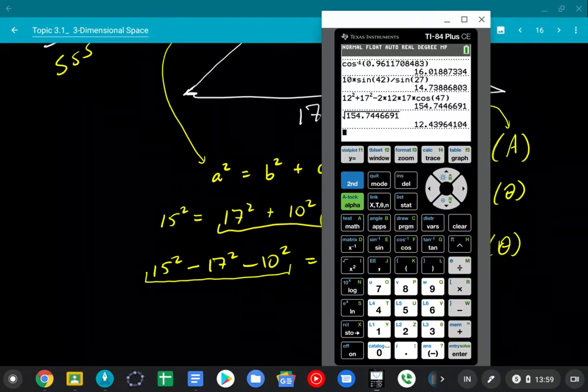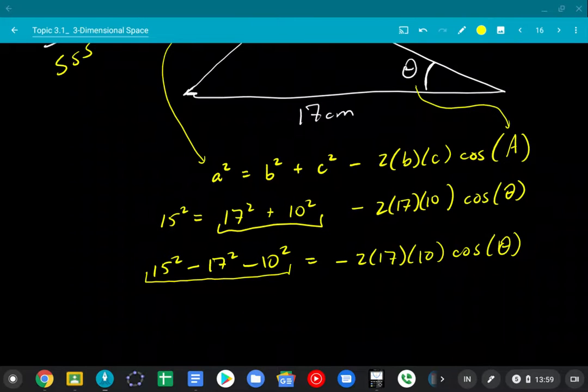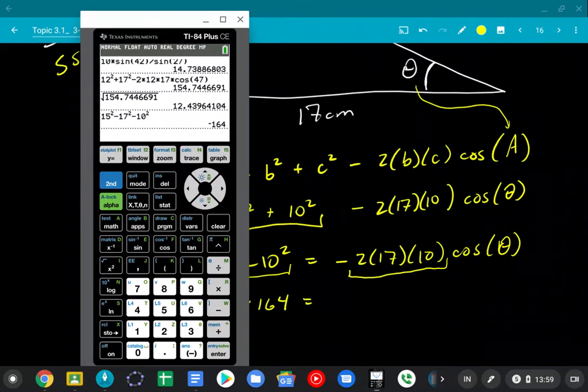Let's go 15 squared minus 17 squared minus 10 squared. Boom. It's negative 164. Negative 164 is equal to, and you know what? Let me work this part out real quick. What's going to be negative 2 times 17 times 10.